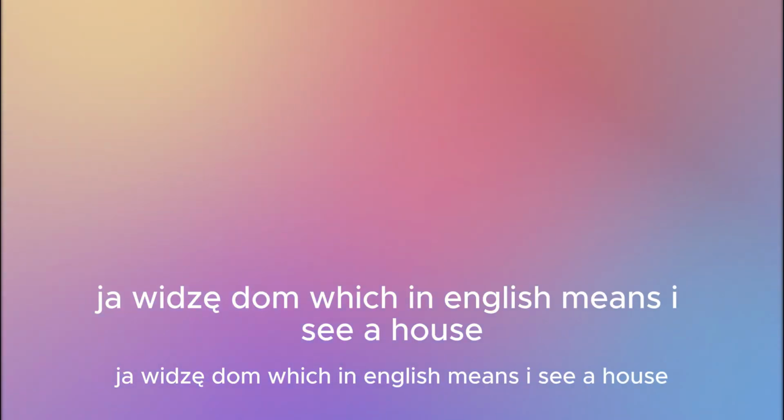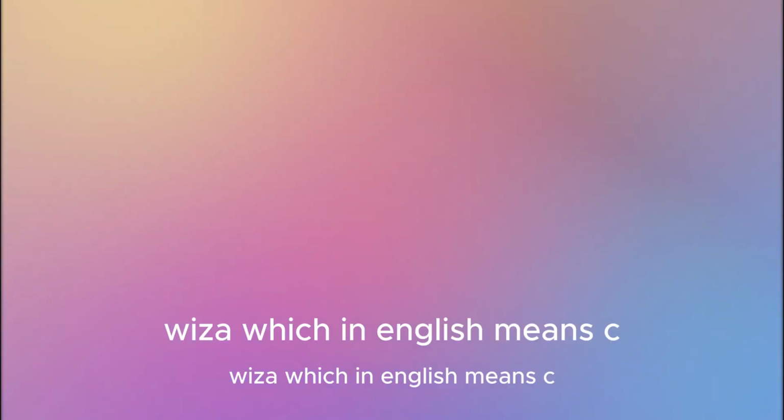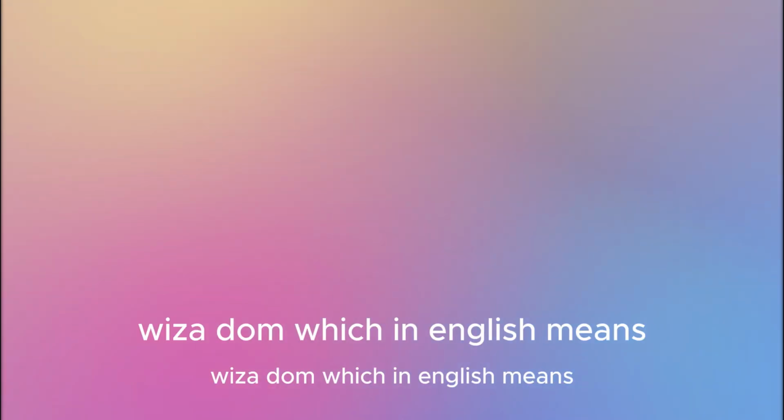Ja widzę dom, which in English means I see a house. Ja, which in English means I, widzę, which in English means see, dom, which in English means house. Again. Ja widzę dom, which in English means I see a house.